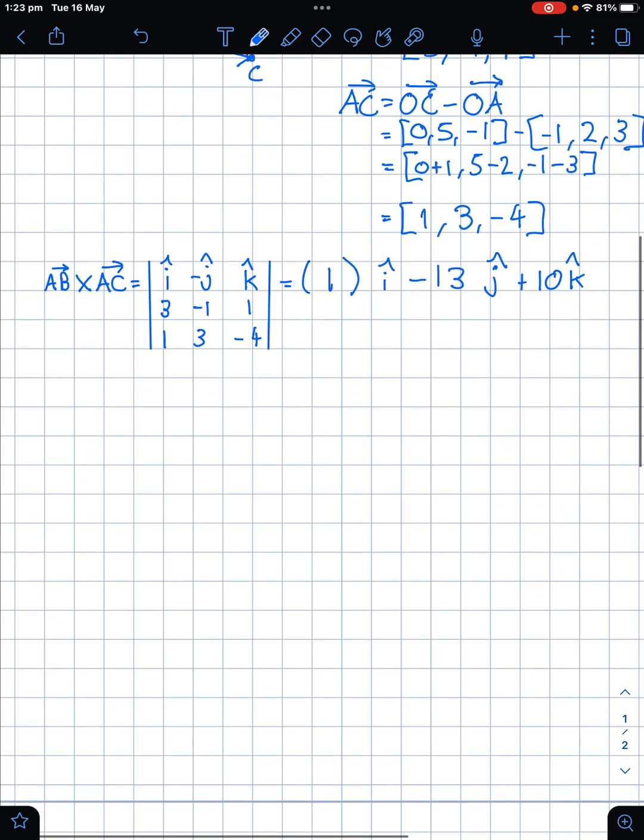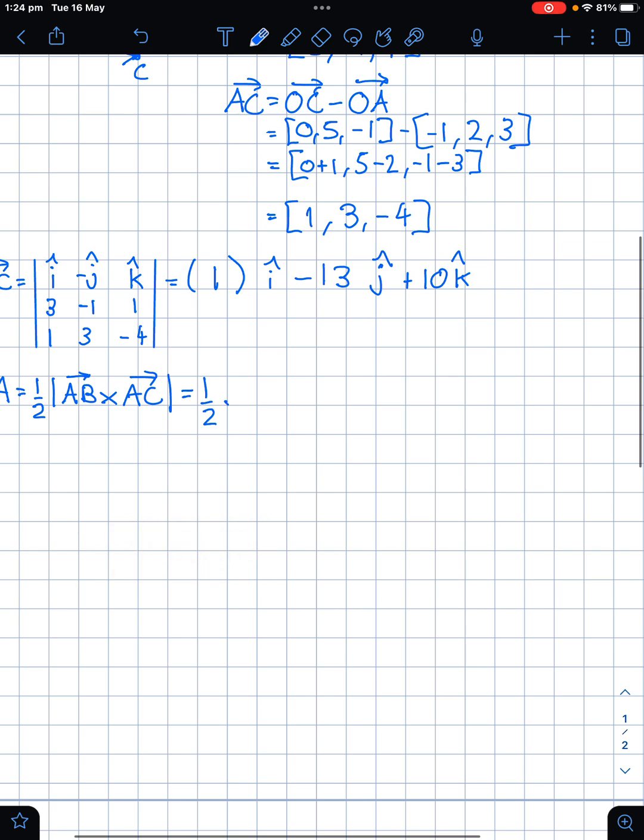We've just got to work out the area equals half the length of this cross product. So AB cross AC is going to equal half the square root of 1 squared plus -13 squared plus 10 squared.